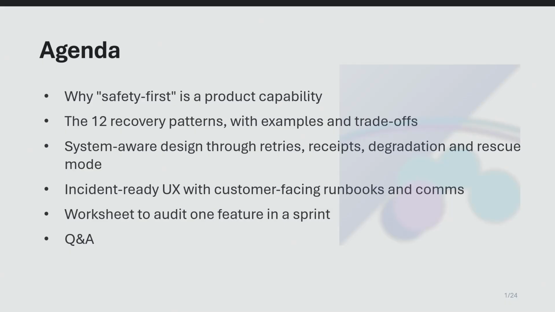We'll look at how to apply that in customer-facing runbooks and comms, and eventually a worksheet to audit one feature in a sprint, which I invite you to try so that you can bring the learning into your day-to-day, which is what we're all here for, right? We're here to get better practices so that we can apply them to our personal lives or professional careers. And after that, we'll go into Q&A.